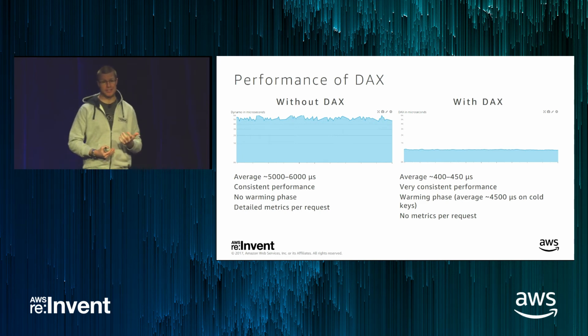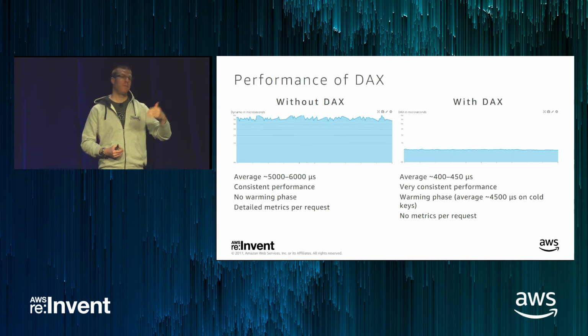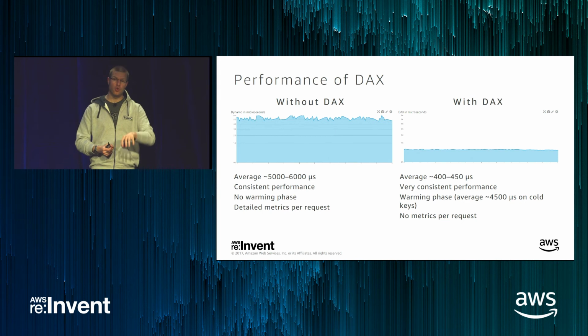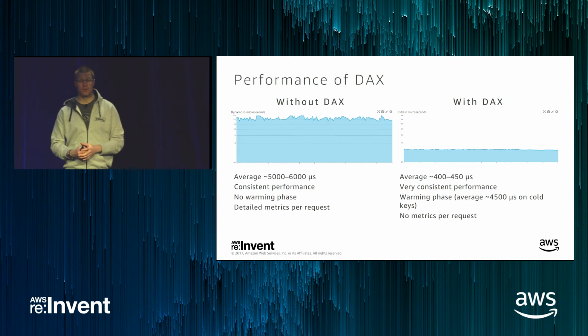My assumption is that the reason for that is that our connection handling to DynamoDB out of our application is not so efficient as what the DAX team can do while talking to DynamoDB. So latency is everything, and every time we need to wake up the connection or build up a connection, that takes time. Obviously, the DAX cluster does a better job than we do.